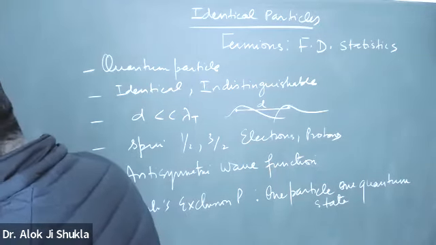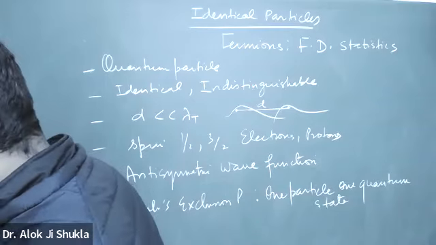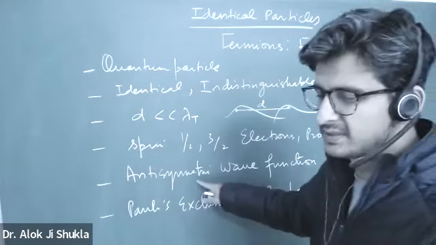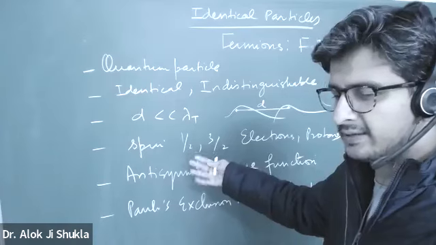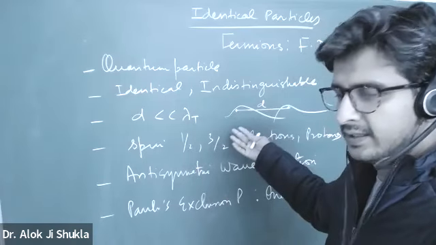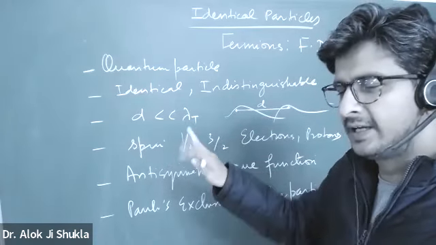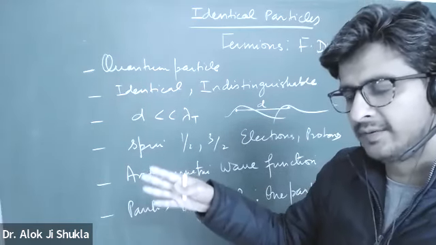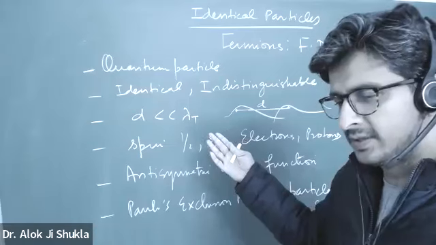यहाँ तक कोई, do you have any doubt up to here? Sir, what is an antisymmetric wave function? So this you must discuss in quantum mechanics, how to write. So suppose there are two particles, 1 and 2, and psi 1 is associated with the first and psi 2 is associated with the second.